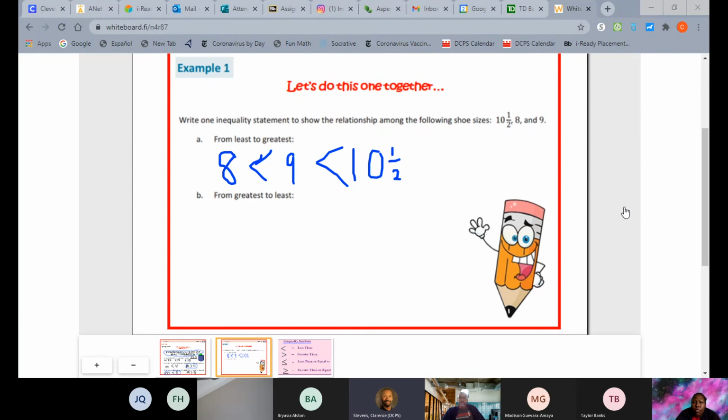Where'd everybody go? All right, here we go. Okay, guys, so your exit ticket's there. It's under week 9. It's at the bottom. And we're going to do that.